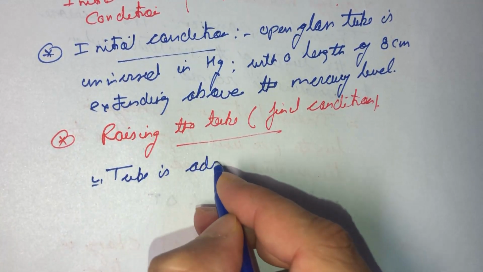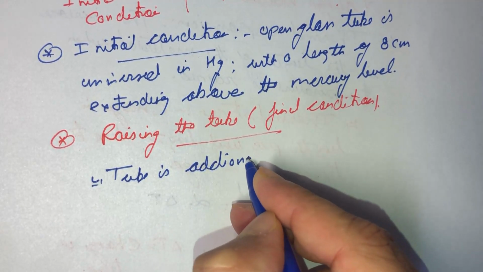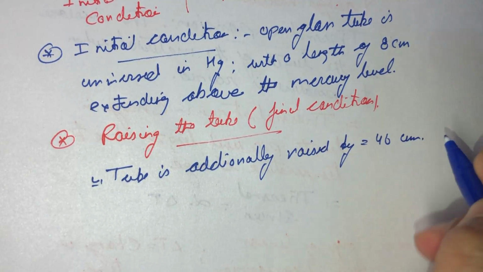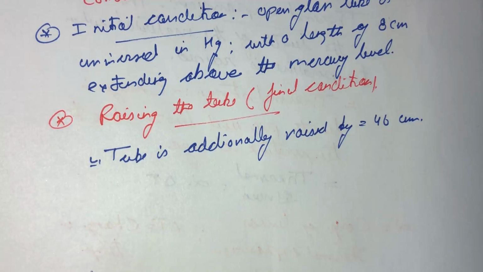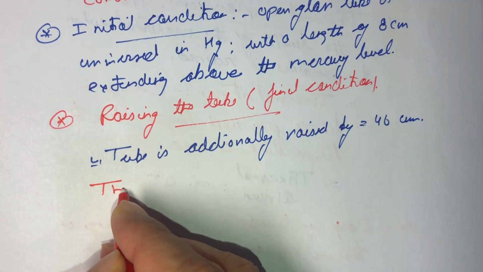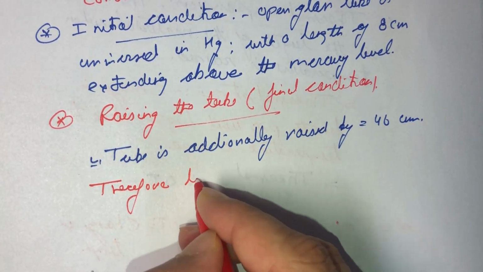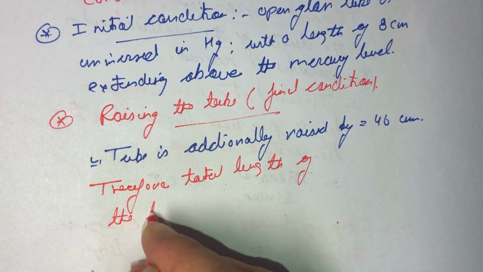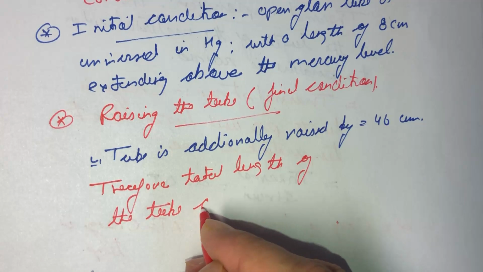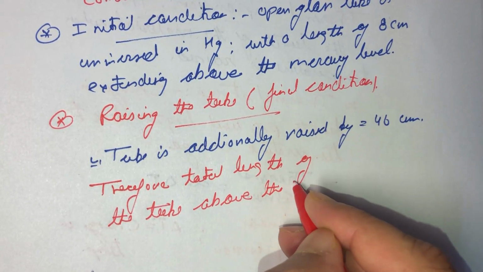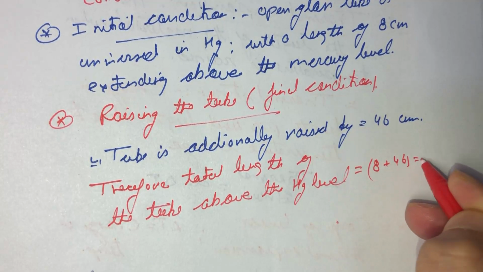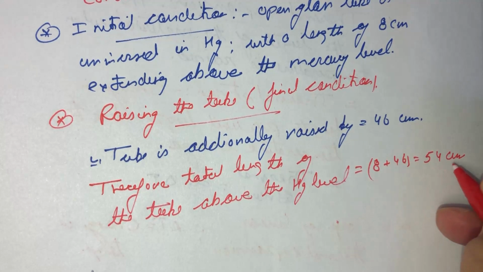Therefore, the total length of the tube above the level of mercury will be equal to 8 plus 46, which gives us 54 centimeters.